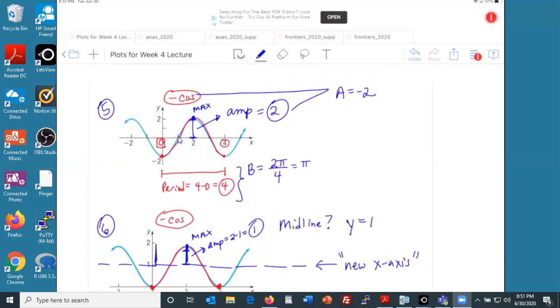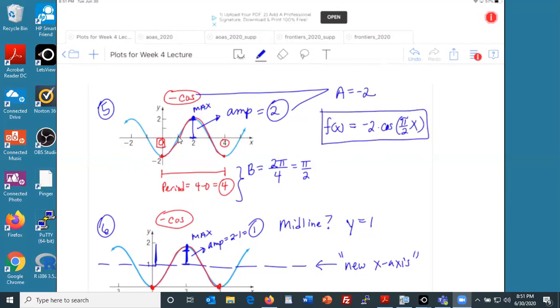So we get pi over 2. So therefore, the function is f of x equals negative 2 times the cosine function of pi over 2 times x. So remember it's the a value times the trig function of bx. So b was pi over 2 times x.